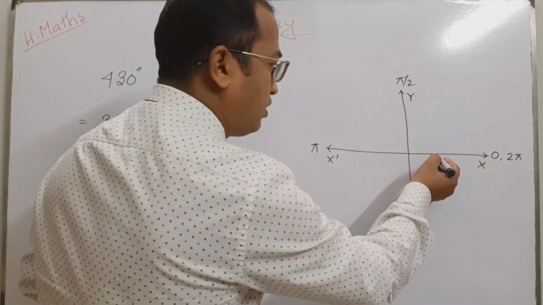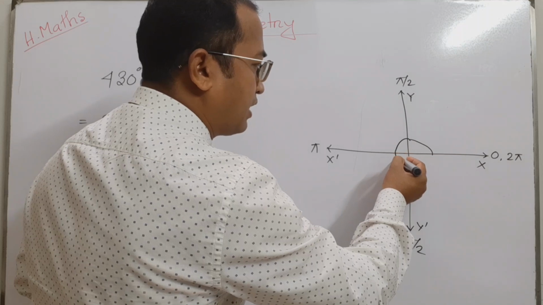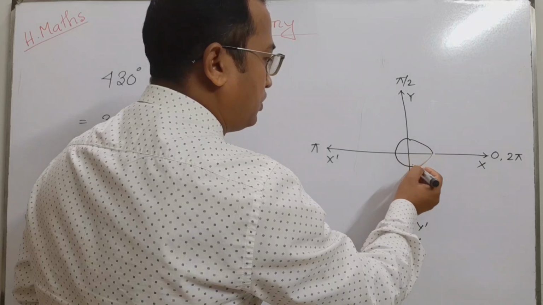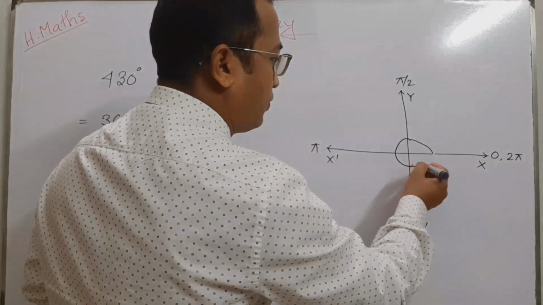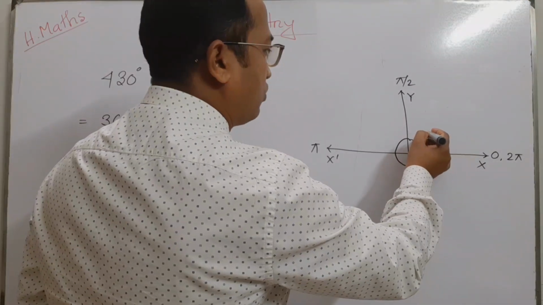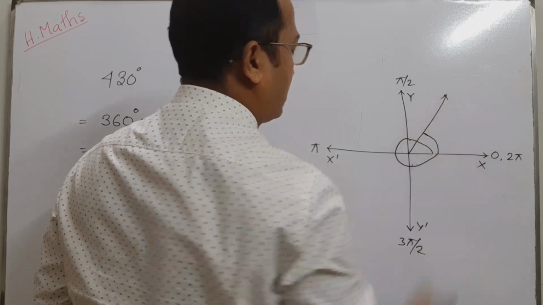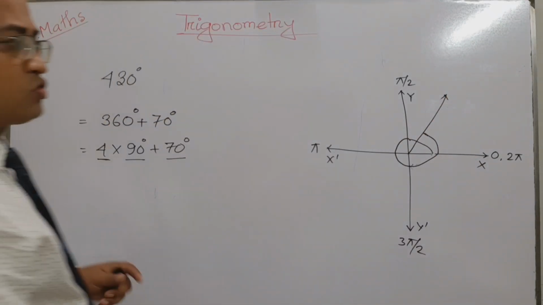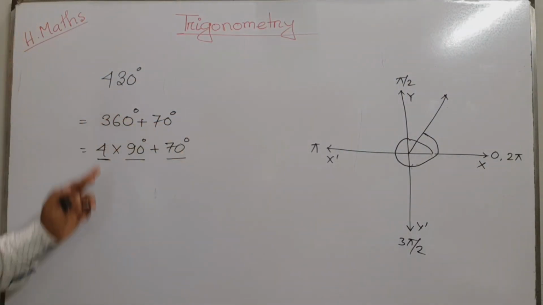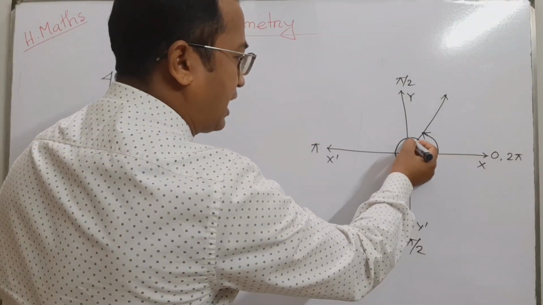Now look, first quadrant 90 degrees, second 180, third 270, fourth 360, and then after 360 degrees we go 70 degrees more to find 430 degrees. So 430 degrees is located in the first quadrant. Look, this is positive, so we go anti-clockwise like this.